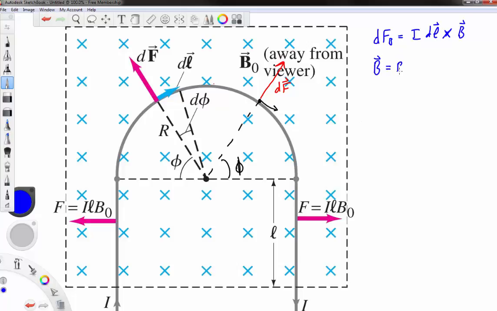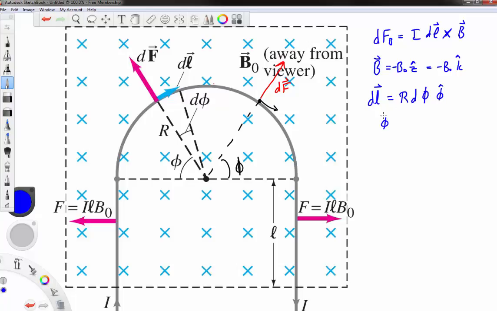B would then be B naught times z hat in the negative direction, and that would also be negative B naught times k hat if we wanted it in Cartesian. dl, which is the differential length vector, is going to be r times d phi, and it's going to be in the phi hat direction.